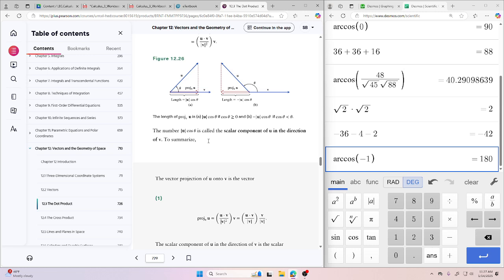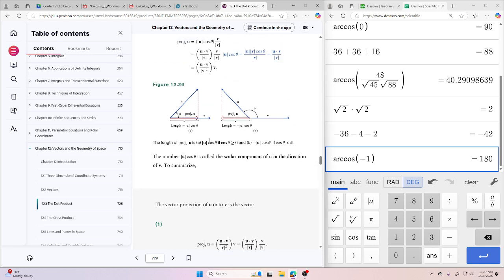There it is. Look. Scalar component of u in direction of v. But they're just talking about the projection here. So this is different. Right here, this little guy is supposed to be our answer. Okay? I'm going to write that down. Do you see how I could have easily missed this guy? Look, this is your formula right here.